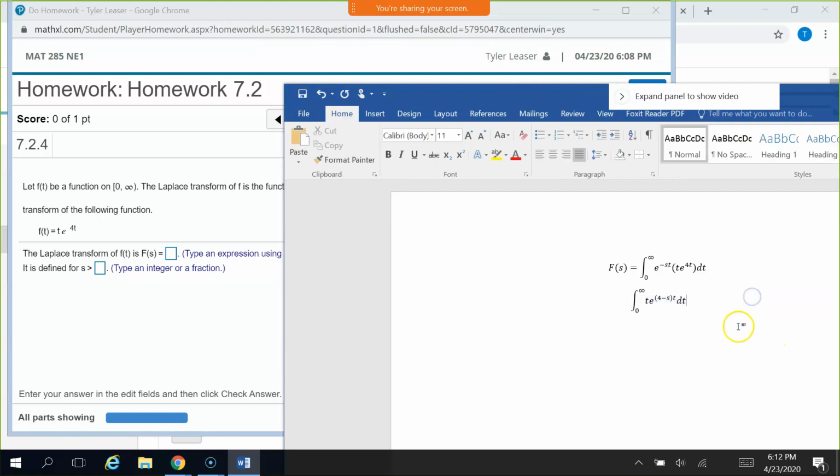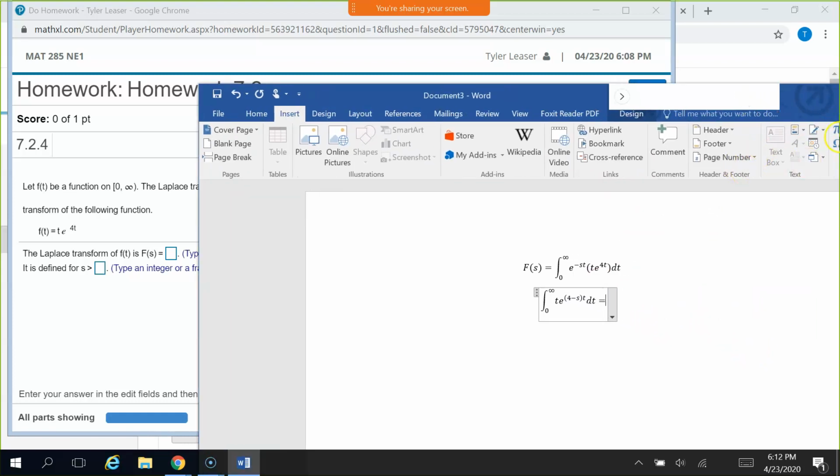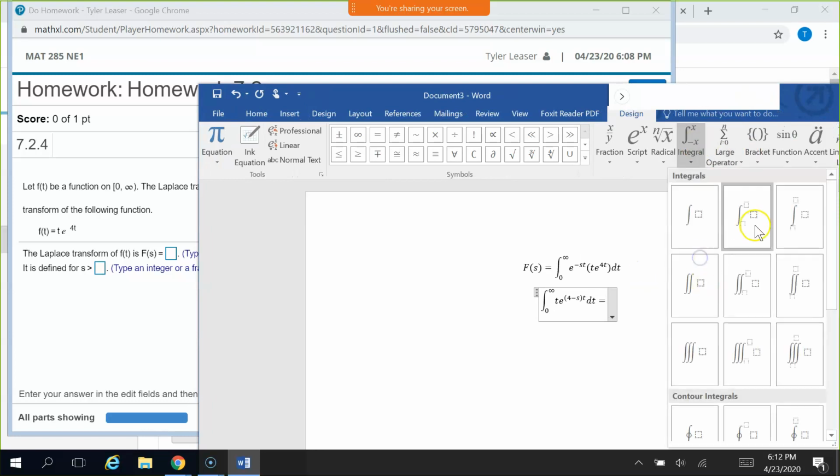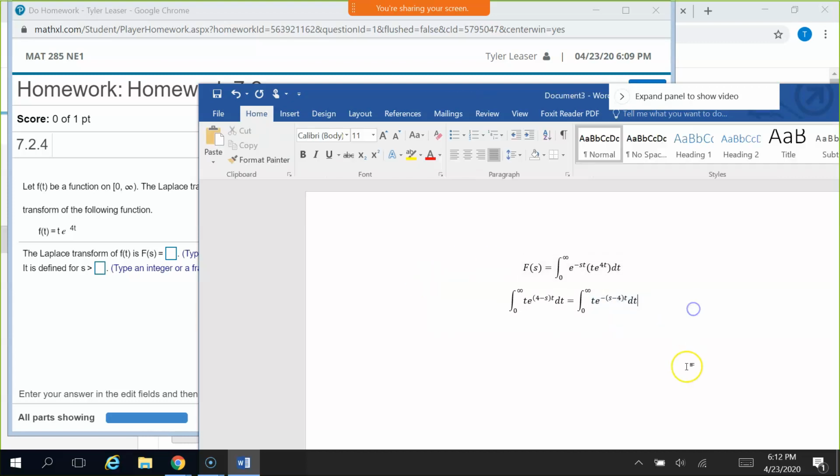Okay. I think the way that we wrote it out in the notes was just slightly different. We just factored a negative sign out. Right. So we might as well do that just to keep it consistent with the notes. So we would write this as negative s minus 4 times t, like that.